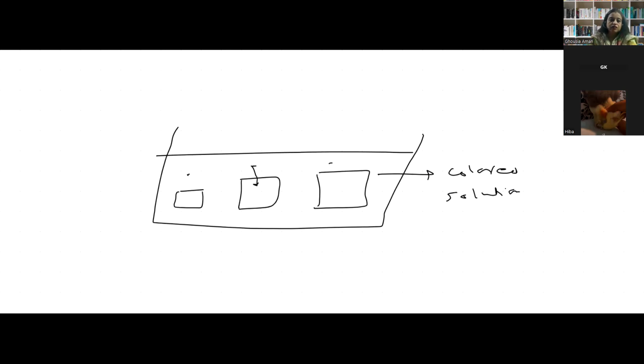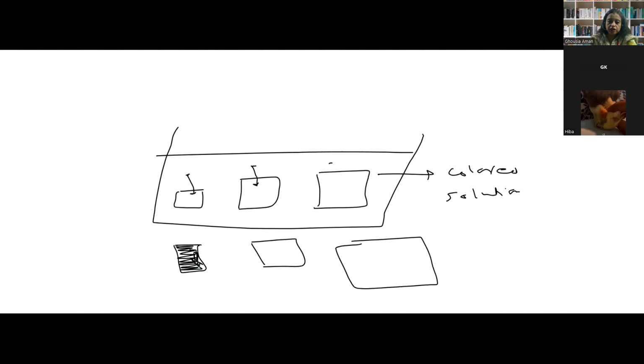After some time, we will take the cubes out. We will cut the cubes in the middle with a sharp knife, and you will see the smallest cube has become colored throughout, totally colored from inside. The larger one has become colored, but a small area is left in the middle.